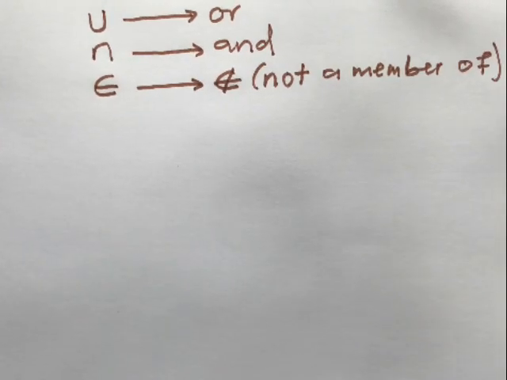Now, if we critically think of what De Morgan's law is all about, we only have two types of De Morgan's laws.